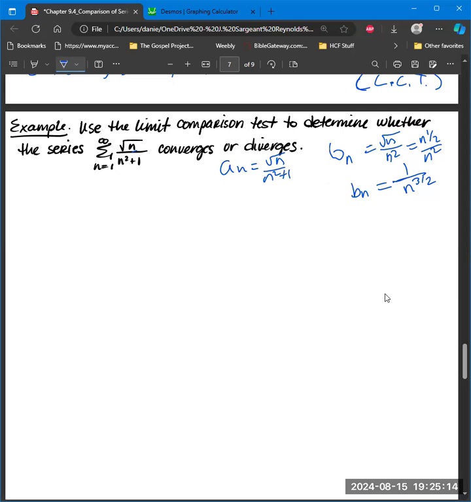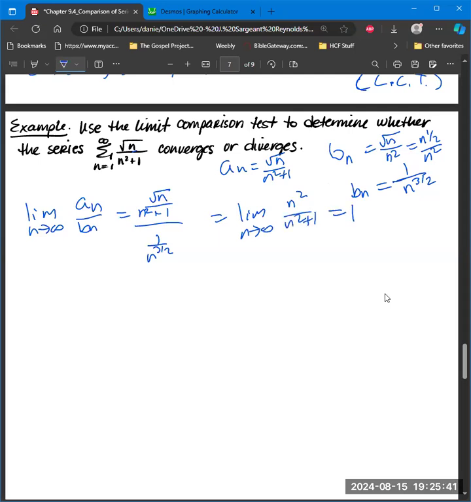And so I want the limit as n goes to infinity of a_n over b_n, which is root n over n squared plus 1 over 1 over n to the 3/2, equal to the limit as n goes to infinity of, that's going to turn into n squared over n squared plus 1, which is definitely equal to 1 because the degree of the top and bottom are the same.